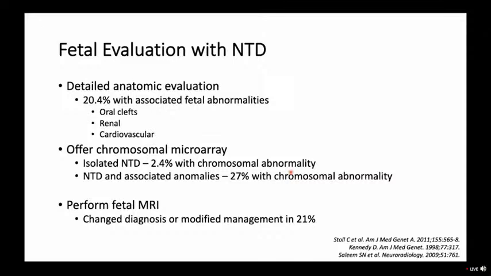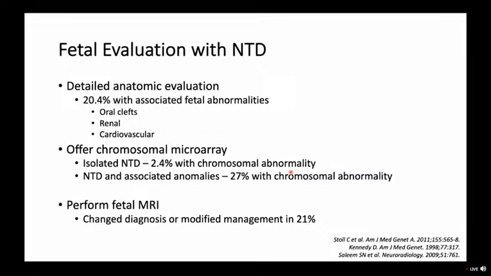So always send these patients from a level 2 to a level 3 ultrasound. They need MFM evaluation. Always encourage patients to consider microarray diagnostic testing. If we see spina bifida with another heart defect, there's a 1 in 4 chance of having a chromosome problem. So cleft lip, spina bifida, amnio recommended.